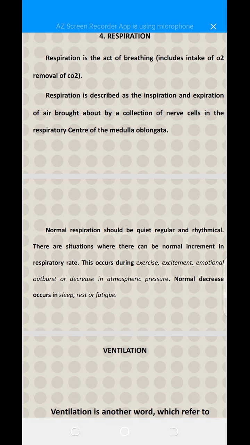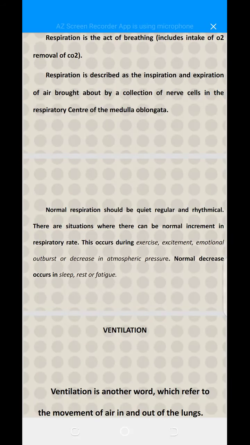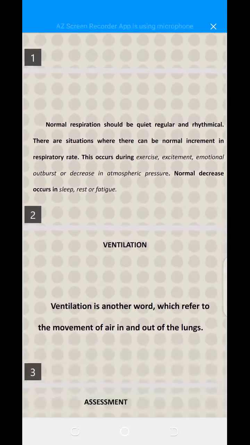So now respiration, we said, is described as the inspiration and expiration of air. When we talk of inspiration, we mean inhaling, that is taking in air, while expiration is taking out air.